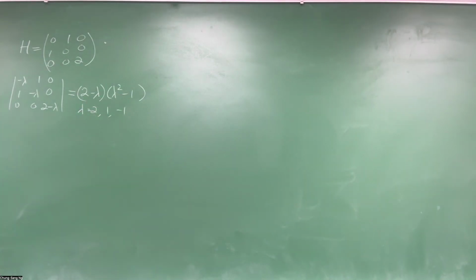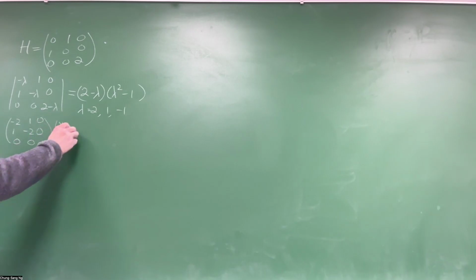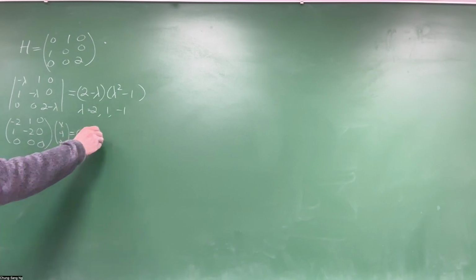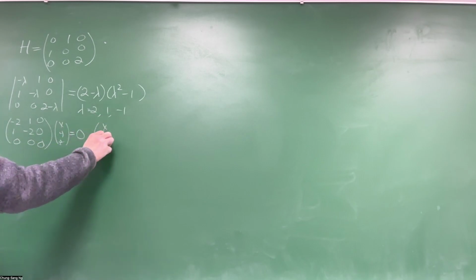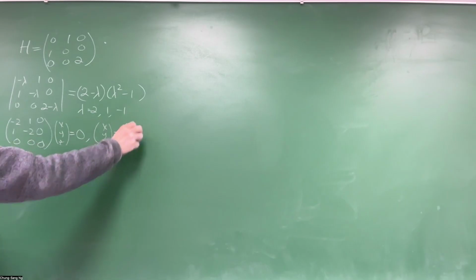Right? Now for lambda equals 2, there's minus 2, 1, 0; 1, minus 2, 0; 0, 0, 0. X, Y is 0. Then obviously you can choose X, Y, Z as just 0, 0, 1.